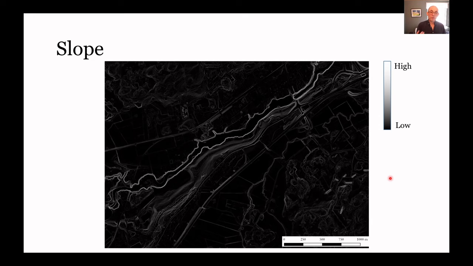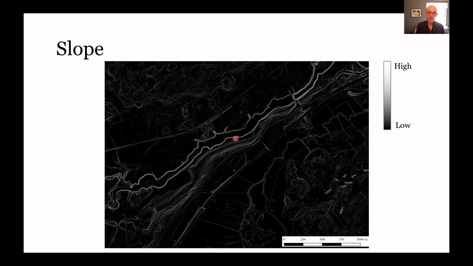If we then look at the slope, how rapidly the elevation changes, we can see that now the major river, the Gävleån here, becomes more prominent because we have these rapid changes in elevation. The amount of change in elevation may not be as great. This may be only a couple of meters, a few meters, but that change occurs over a very short distance, and therefore we have a much steeper slope.